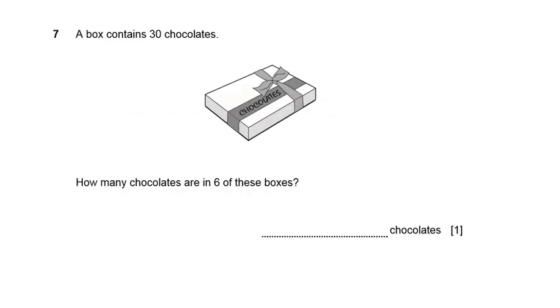1 box of chocolates has 30 chocolates inside. In 6 boxes, I just calculate 30 times 6. 3 times 6 is 18, plus a 0, because it's times 10, is 180.